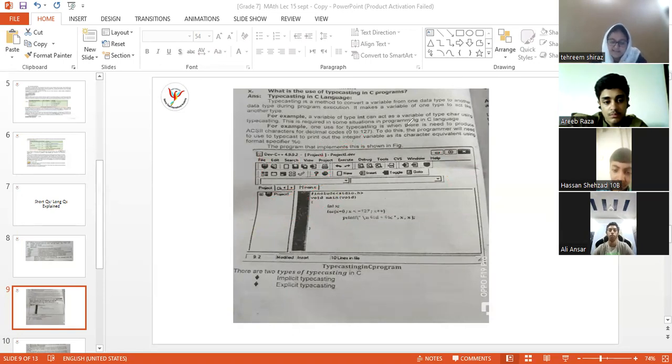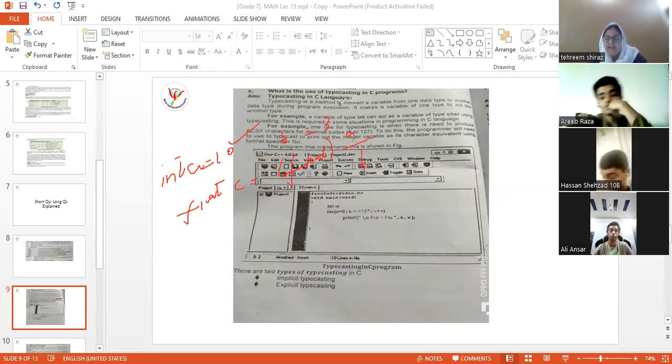Now there is another case. Int a is equal to 10, b is equal to 3. Float c is equal to bracket float a over b. I want this 10 and 3 divided as float, right? According to this, this is in the bracket and this is not in the bracket, right?